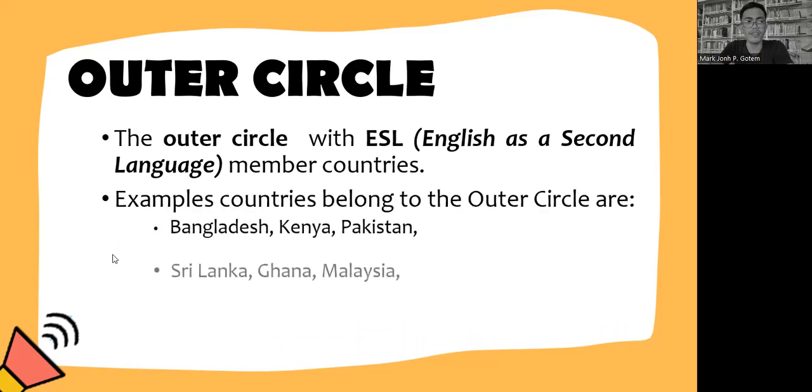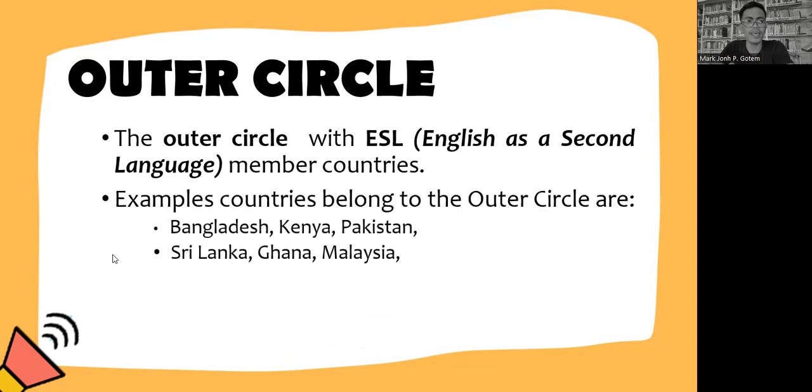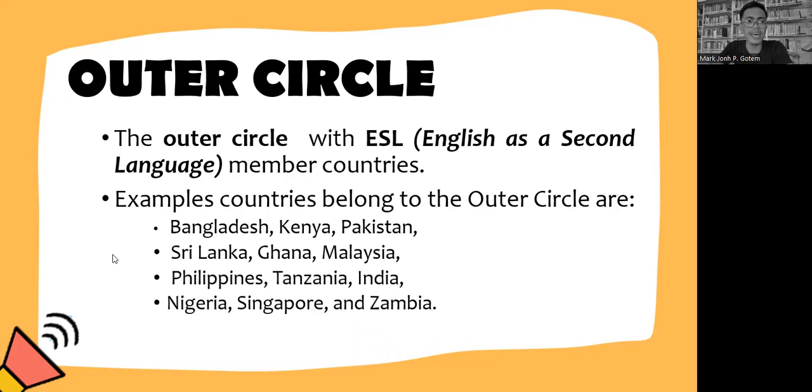These are the following countries: Bangladesh, Kenya, Pakistan, Sri Lanka, Ghana, Malaysia, Philippines, Tanzania, India, Nigeria, Singapore, and Zambia. The English language has been institutionalized or established as an additional language in these countries. Mao na ang outer circle.